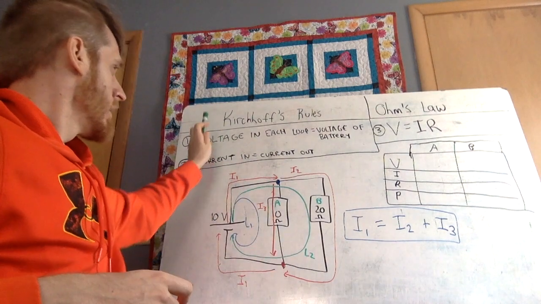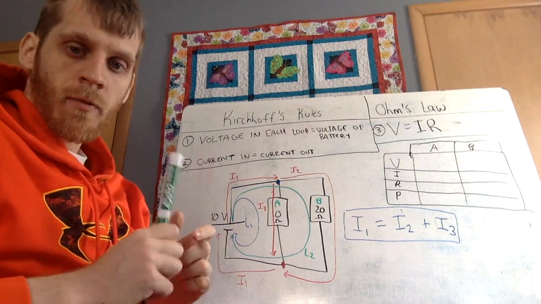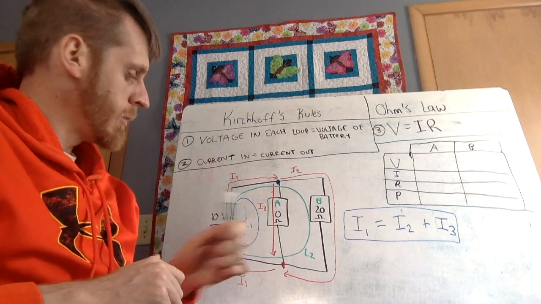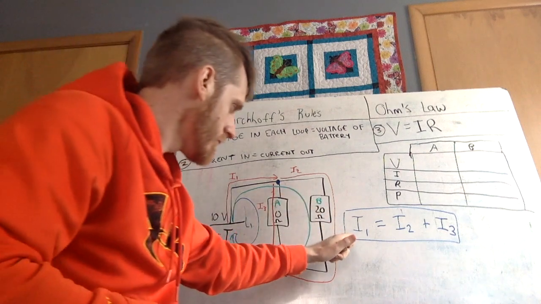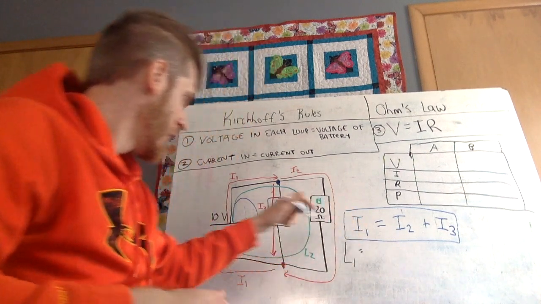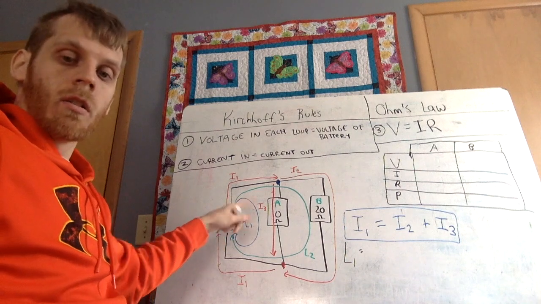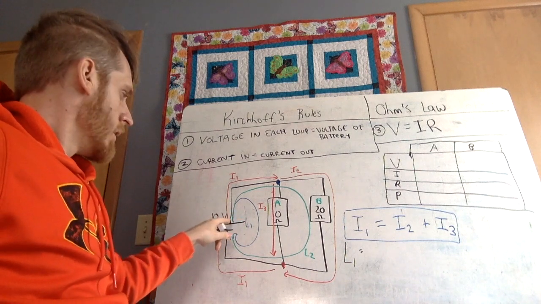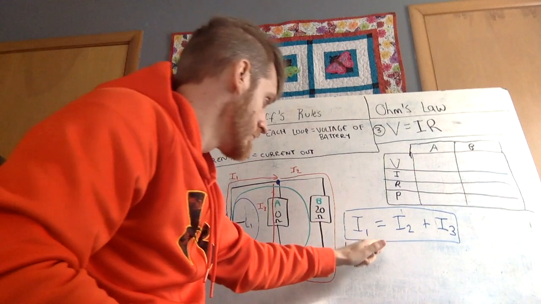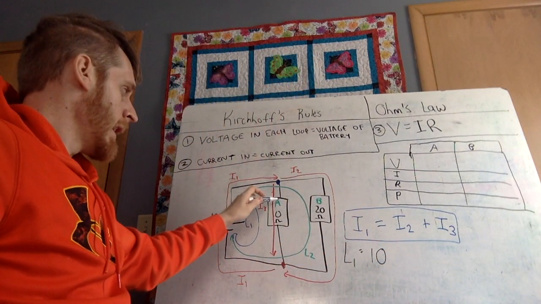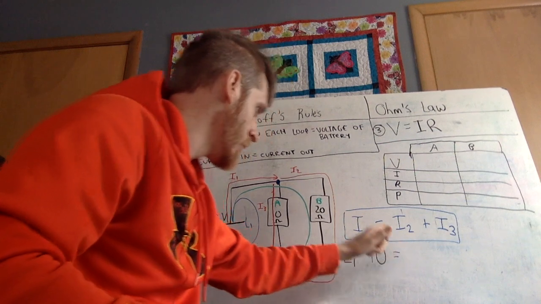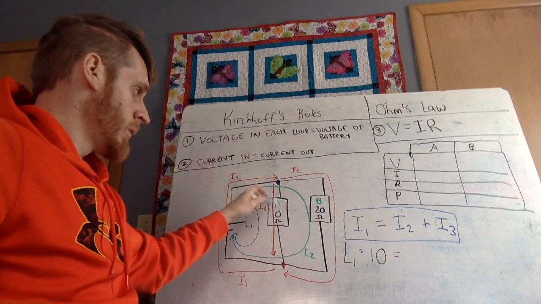And according to Kirchhoff's rules, the voltage in any loop has to equal the voltage of the battery. So let's look at what that means. Let's look at L1 first. Starting at L1, that's the blue loop. What's the voltage? It's 10. Then I go around the loop, and that 10 volts has to equal whatever voltage this is.